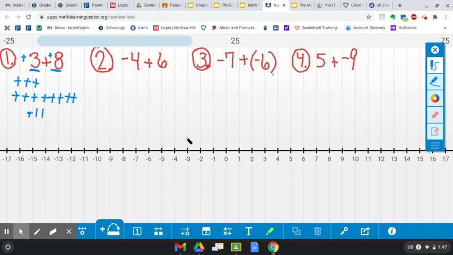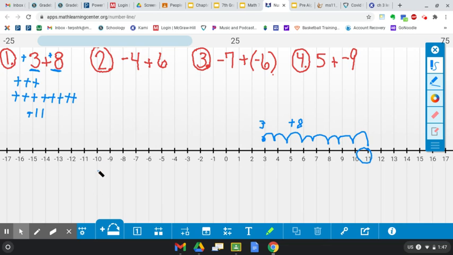If we started on the number line at positive 3, and then we're adding 1, 2, 3, 4, 5, 6, 7, 8, so we start at 3 and we're adding 8, we still end up with positive 11 as our solution.